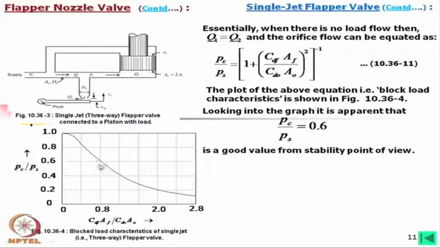This is considered a stable condition from the stability point of view. If it is on this side, controllability will be difficult because it needs more accuracy, and in that case controllability will be difficult due to the fact that the control pressure is too low.